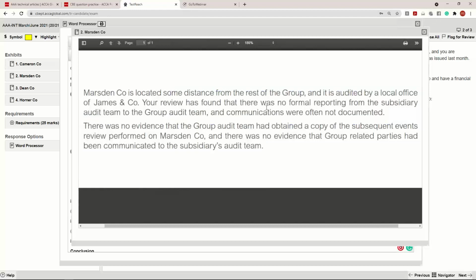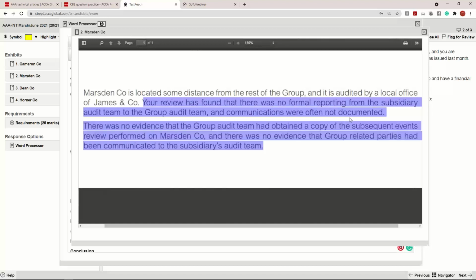Your review has found that there was no formal reporting from the subsidiary audit team to the group audit team, and the communications were often not documented.